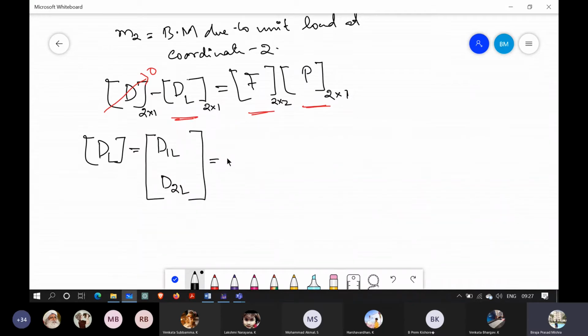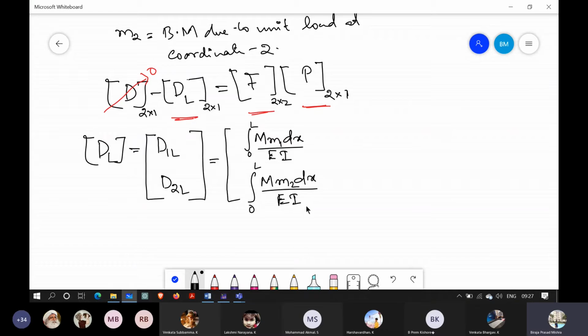And this D1L is integration 0 to L of M into m1 into dx by EI, and this D2L is integration 0 to L of M into m2 into dx by EI.